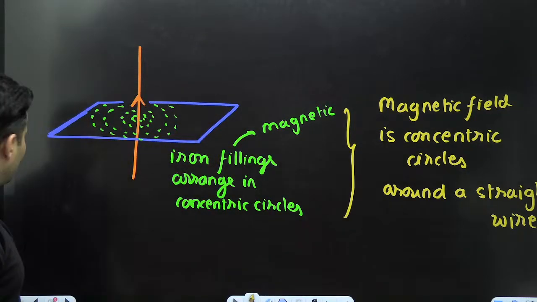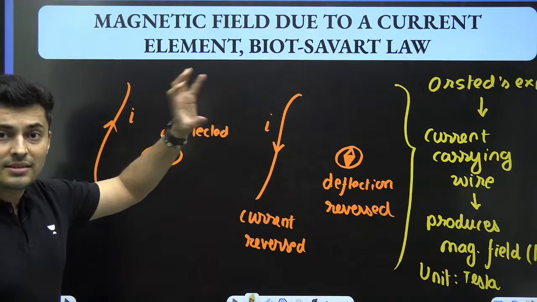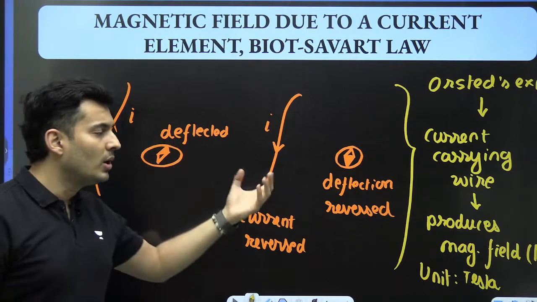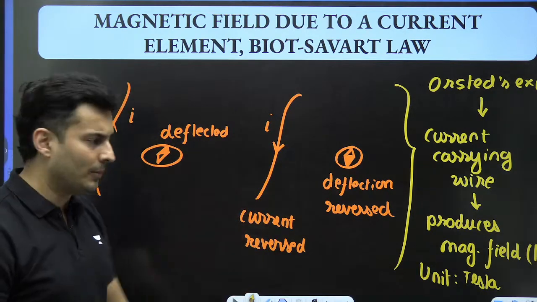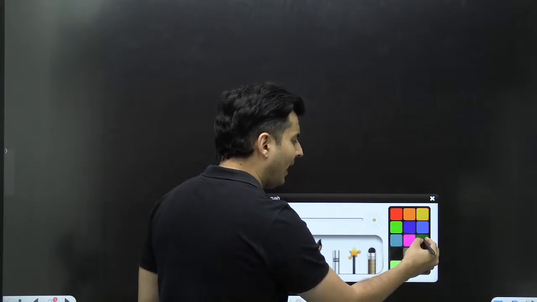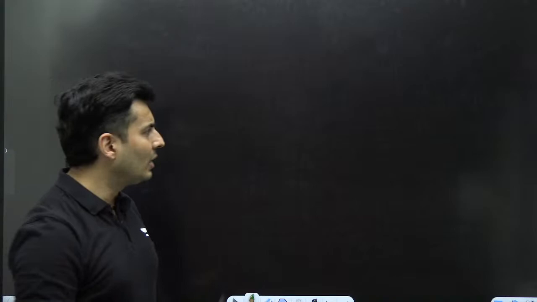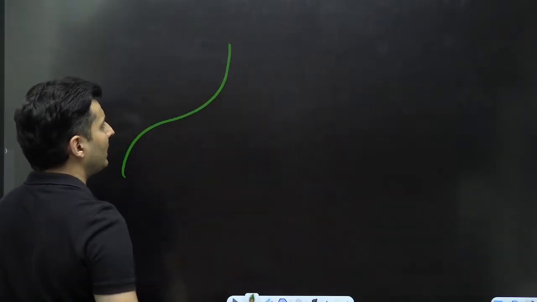Cool. Now, Oersted told about all these things, but Biot-Savart gave a law to find the value and direction properly in vector form. So let's see what their law was. To understand their law, remember, your wire need not always be straight. It could be curved. Let's say, for example, the wire is bent in this particular form.